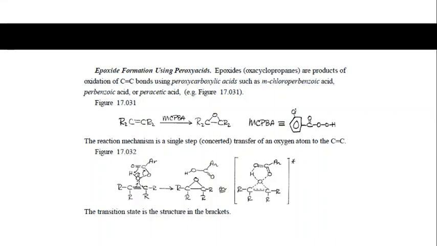For this purpose we use peroxy acids like perbenzoic acid or perchloroacetic acid, and various types such as metachloroperbenzoic acid. These are a number of reagents that we can use as the oxidizing agent for bringing about the oxidation of the double bond.